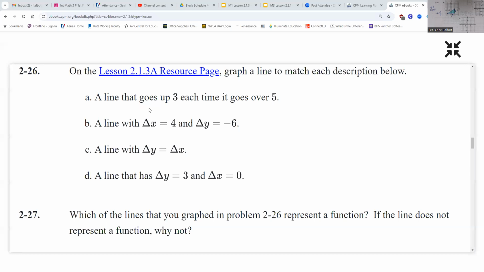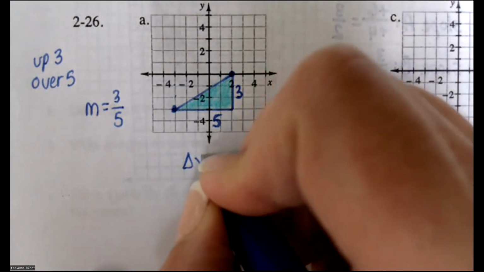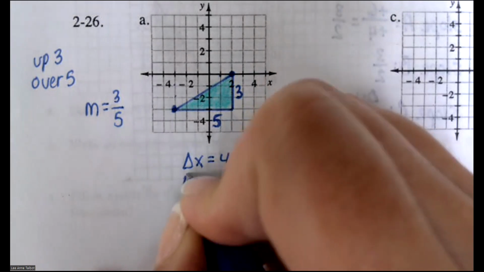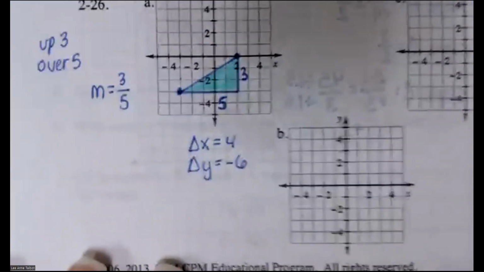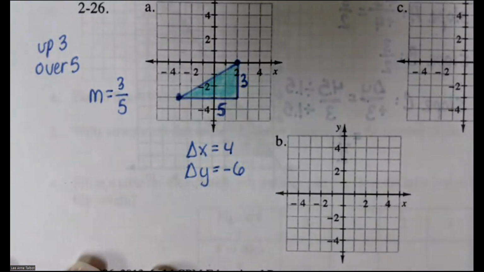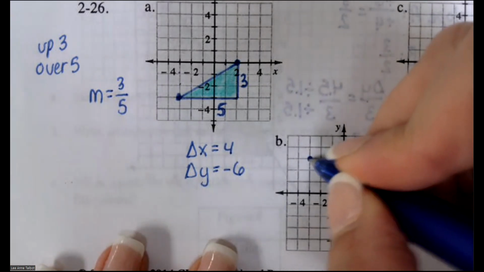Okay, last one. A line where the change in x is 4 and the change in y is -6. I highly suggest on this one that we start up top.